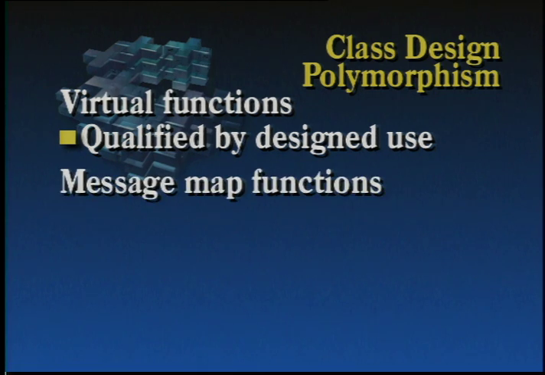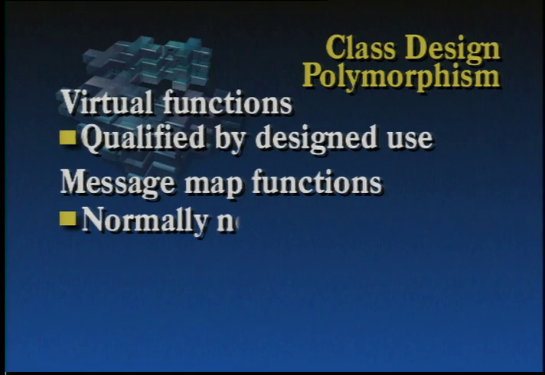In addition to the standard C++ virtual function mechanism, we also have added what we call the message map functionality. This is a way to take Windows messages, control notifications, and menu commands, and turn them into type-safe C++ member functions. These member functions are usually non-virtual, and they're usually extremely type-safe.